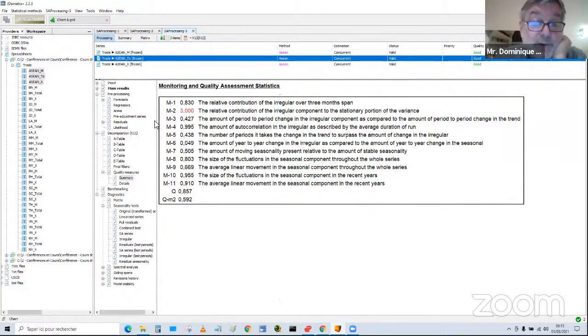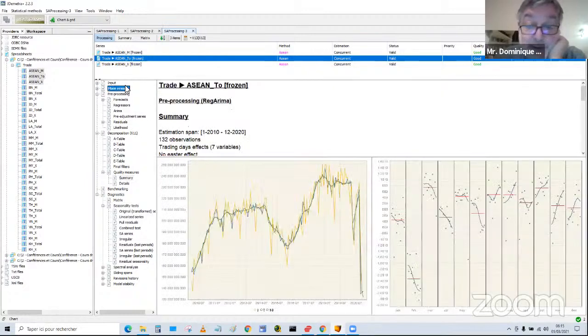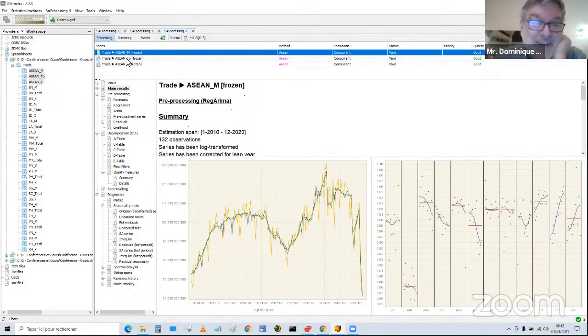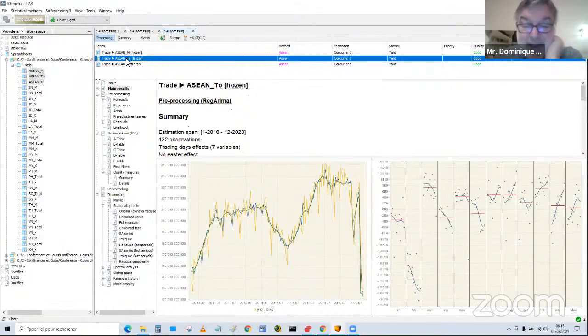It looks to be the same series, no? Let me check. No, it's not. Okay, so the total is the exports minus the imports. Just to be sure. Yes, plus imports. Okay.